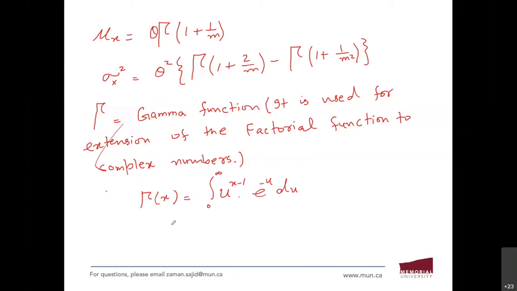Now once you solve this, the simplest formula turns out to be gamma of x is equal to x minus 1 times gamma of x minus 1.